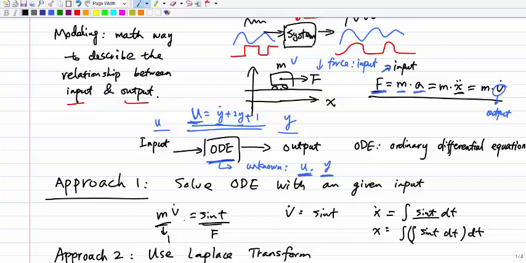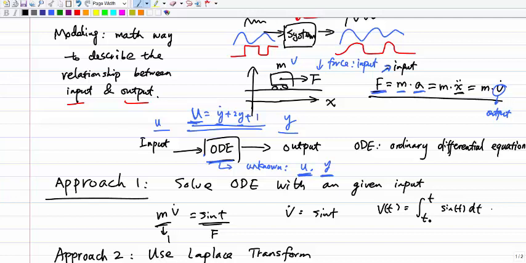We can just integrate this: v of t is the integral from the starting time t0 to t of sine t dt. Of course, I have to add the initial velocity v0. So my velocity is given by the integration of sine t from t naught to t plus my initial velocity. So now I can find a solution.